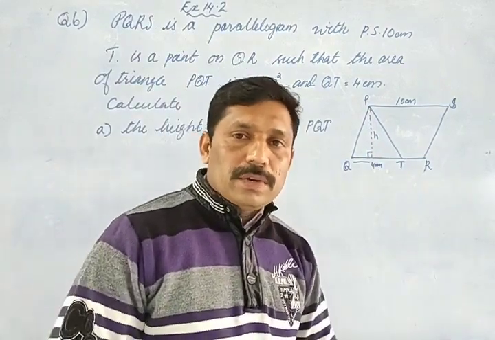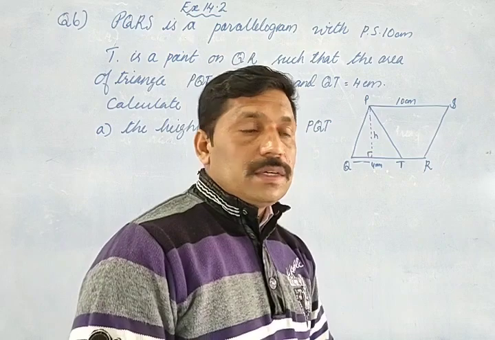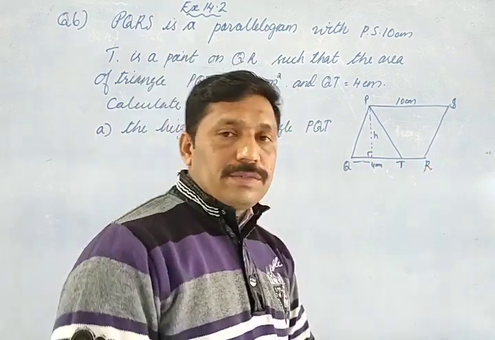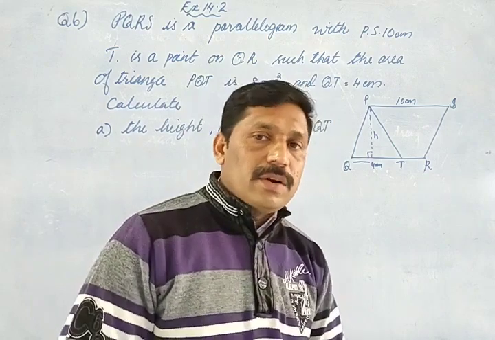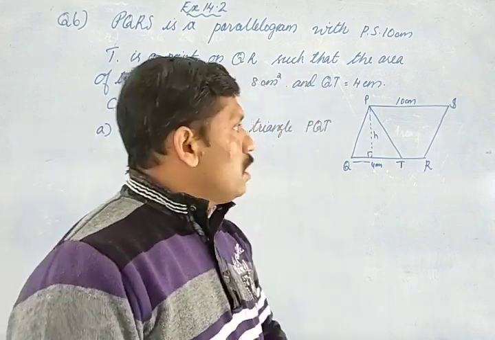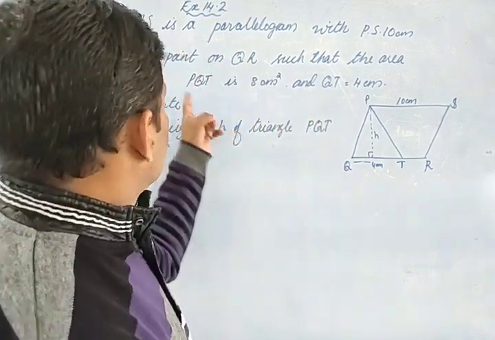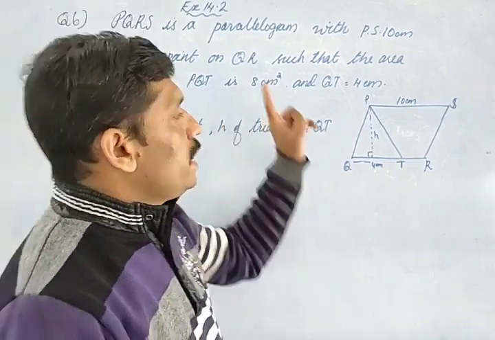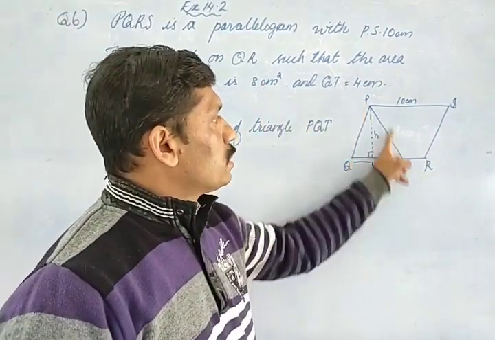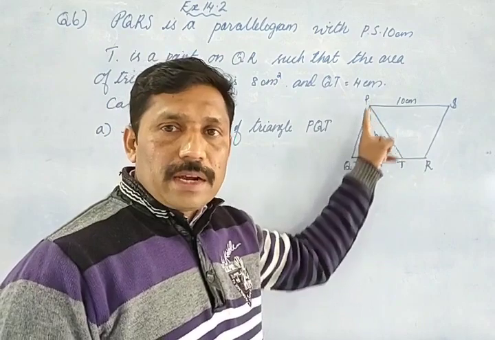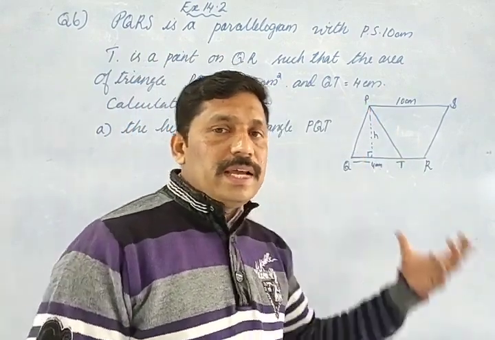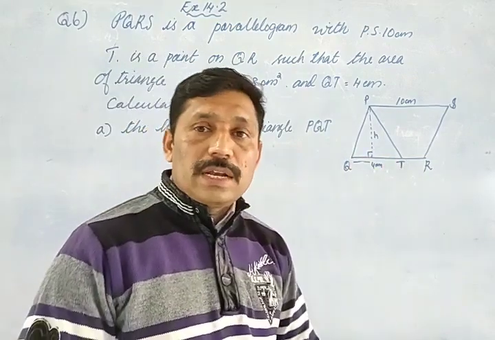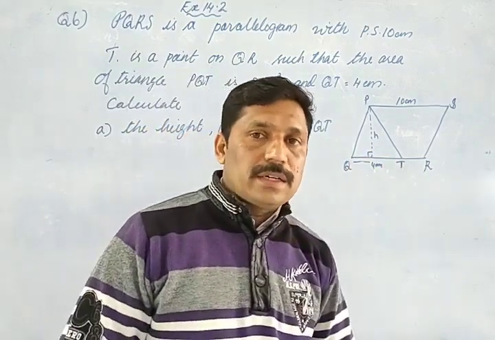So first we find out the height of this triangle and then we find out the area of this parallelogram. The given thing is that the area of triangle PQT is 8 centimeter square. Triangle's area is given and the base we know, so we can find the height of the triangle.